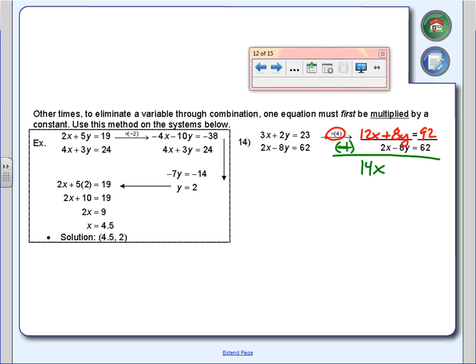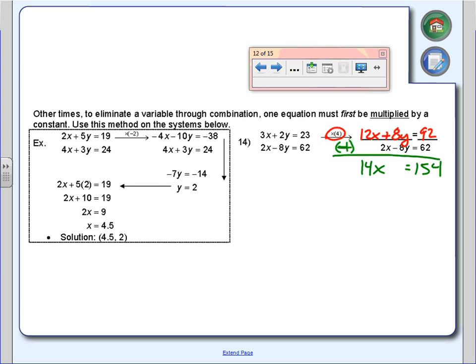So the whole reason behind multiplying the first equation by 4 was so that the y's would eliminate. Let's go ahead and add up the 92 and the 62. 92 plus 62 is 154.